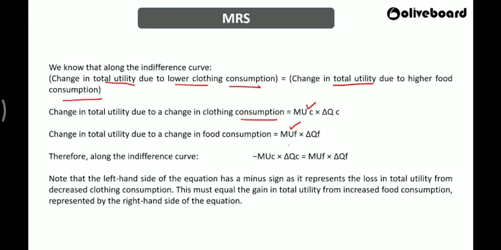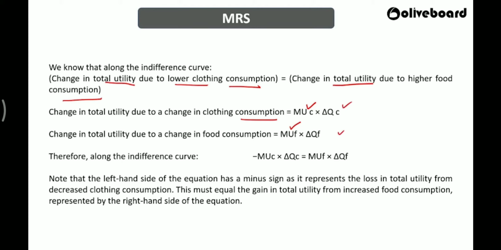So what would be the additional satisfaction from having the second unit? That is called what? Marginal utility. Additional satisfaction by consuming one more unit extra. That is called what? Marginal utility. So whatever I have in clothing consumption into changes in the quantity, because changes in the quantity is what? 1 to 2. Okay, this is how we will write.